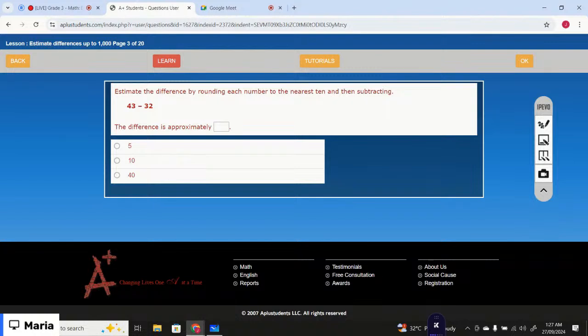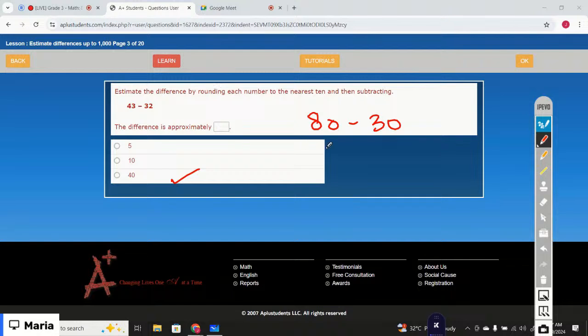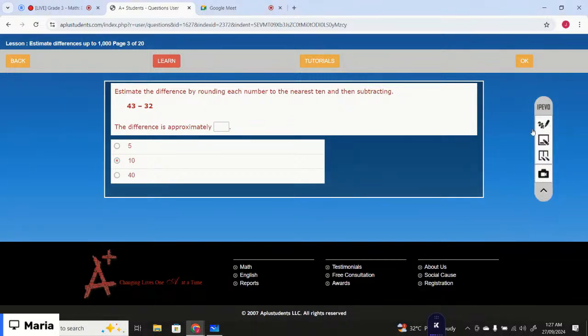So which is the correct option? 43 is rounded off to 40 and 32 is rounded off to 30. So 40 minus 30 is yes, 10 it is. Option number 2 is the correct option. Very good. That's 10.